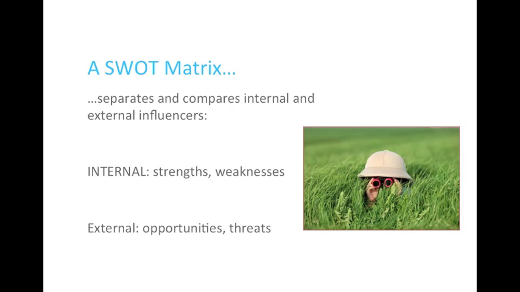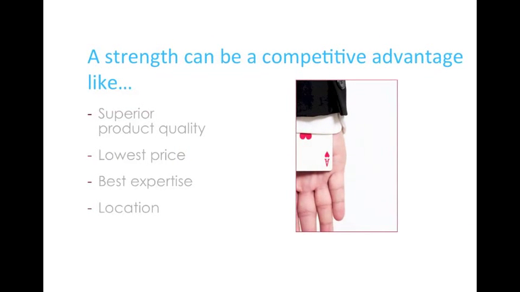So you have a scan of the internal organization. When we speak of the opportunities and threats, we're often looking at the external environment to see what threats there are that could create issues for the organization, or what opportunities can be explored or exploited by the organization.